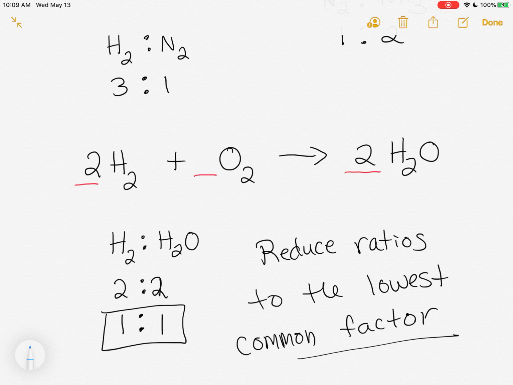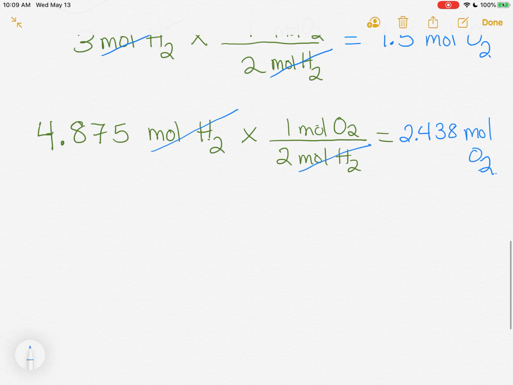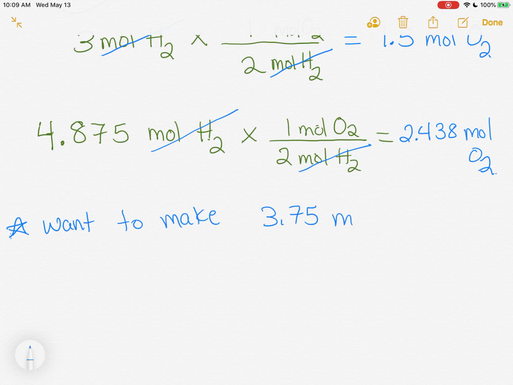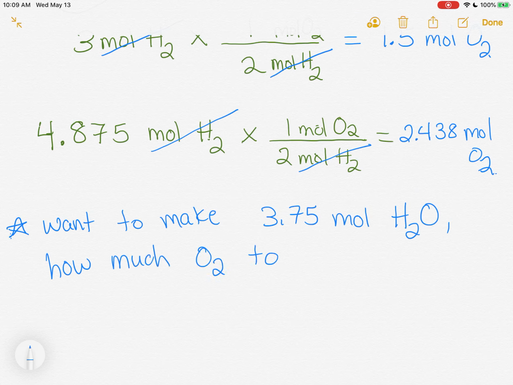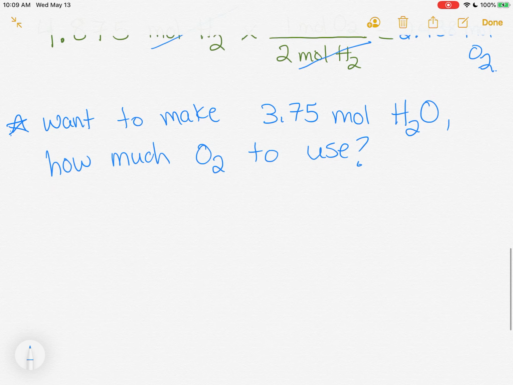So if we're using the same reaction still, let's start with knowing, so we want to make 3.75 moles of H2O, and I want to know how much oxygen we'll need to use to create that 3.75 moles of H2O.